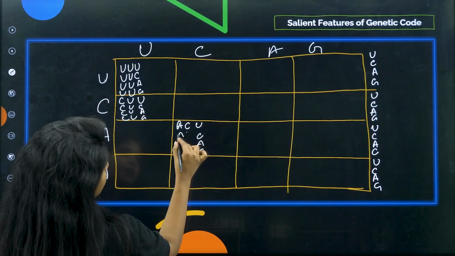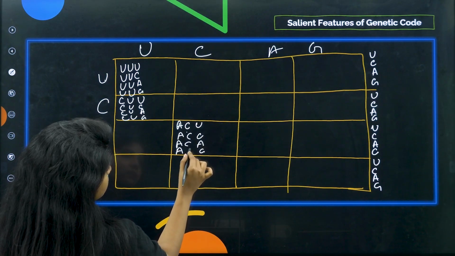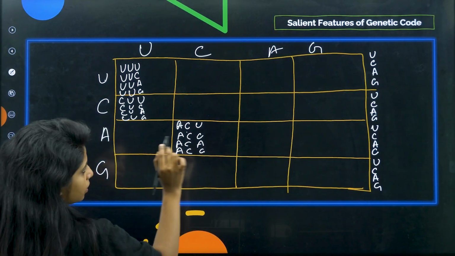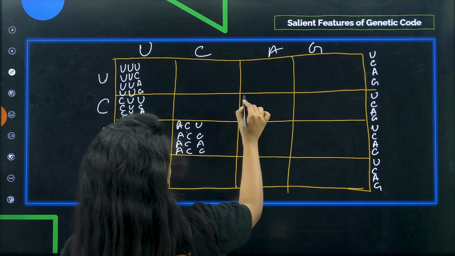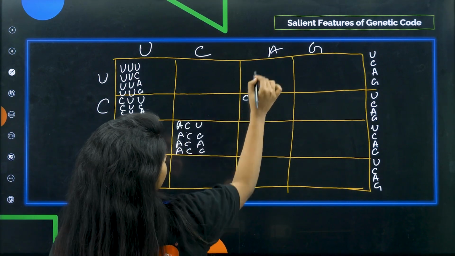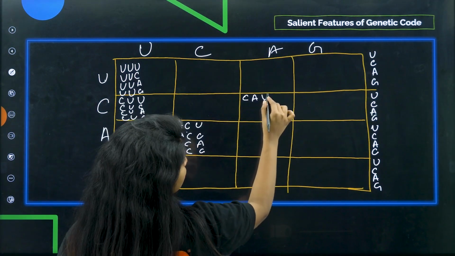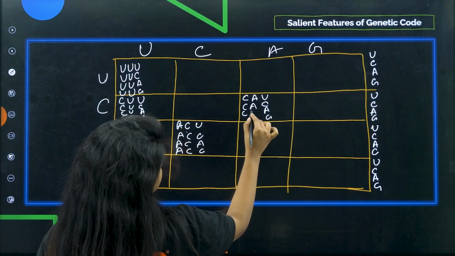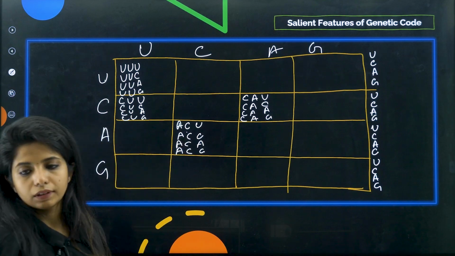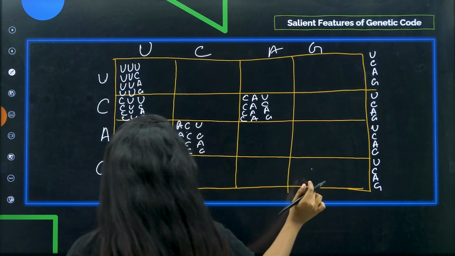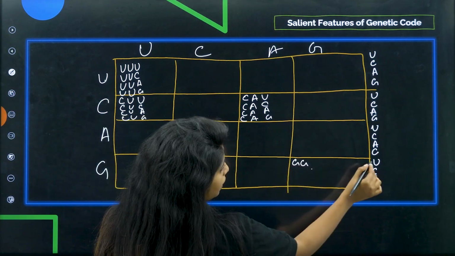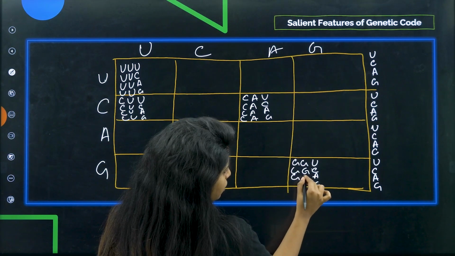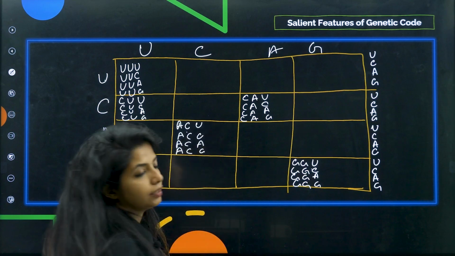So again it will be A, C, A, C, A, C. So it's ACU, ACC, ACA, ACG. Now if I want to make it over here, it will be C, it will be A, and then U. Over here I am writing UCAG. Similarly, this will be CA, CA, CA. Now if I want to write it over here, it will be G, G, and then U, C, A, G. So it will be GGU, GGC, GGA, GGG.